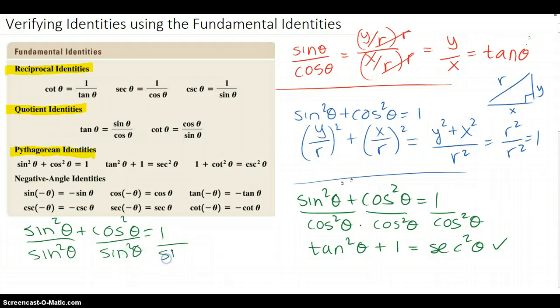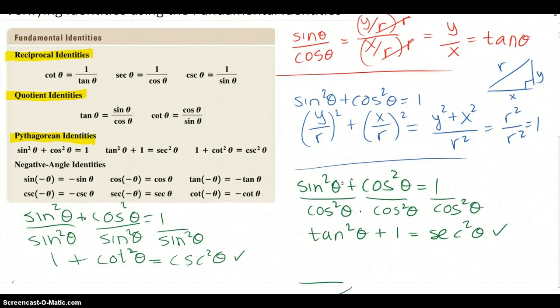You sure do, because this would be 1 plus cosine over sine, which we learned was cotangent, so this would be cotangent squared. 1 over sine is cosecant, which, by the way, is cosecant squared. So that gives me the third one. The negative angle identities we won't be going over in this video.